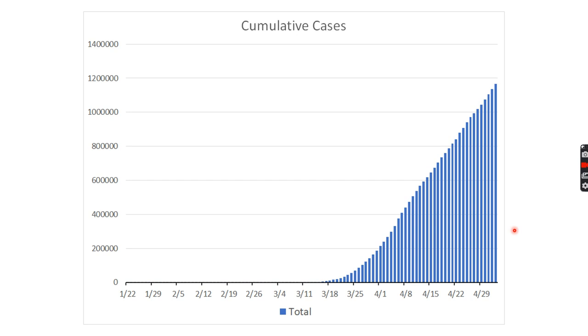You just see it increasing every single day. Basically, you need to look at the derivative of this in order to make any sense. But the idea is that this will continue to gradually go up until the case rate slows and eventually plateaus, so that we reach our maximum number of cumulative cases.